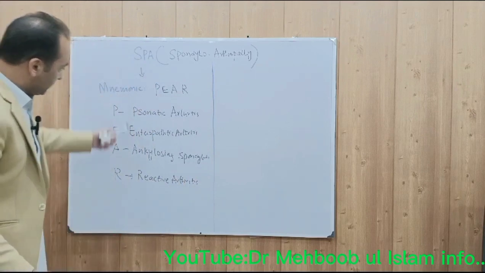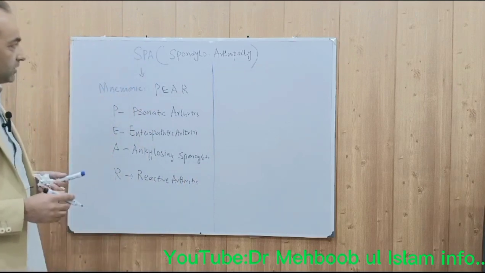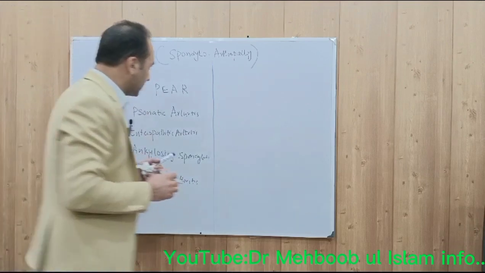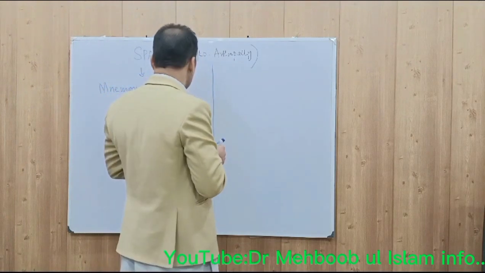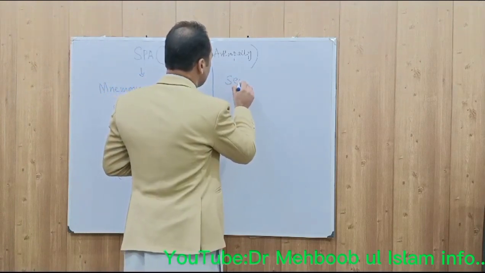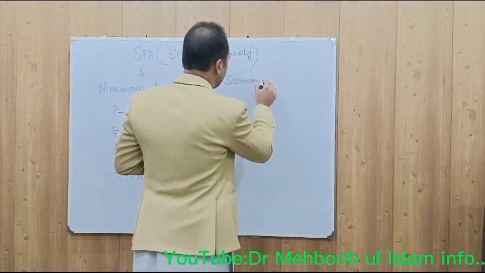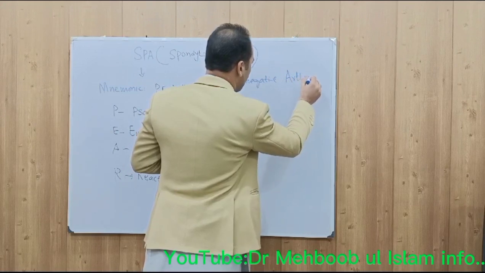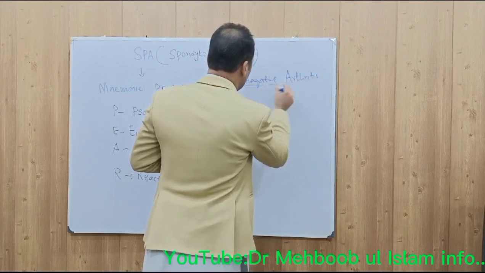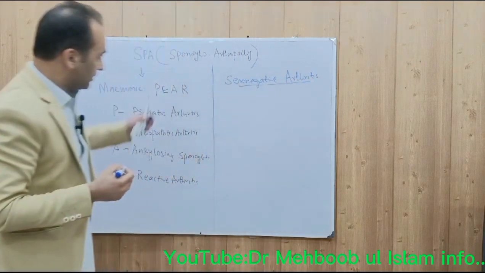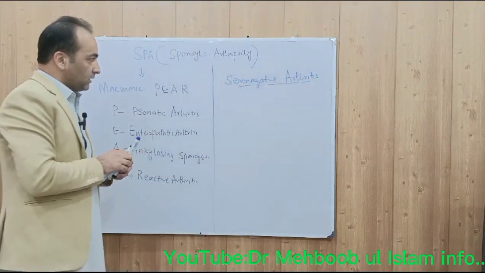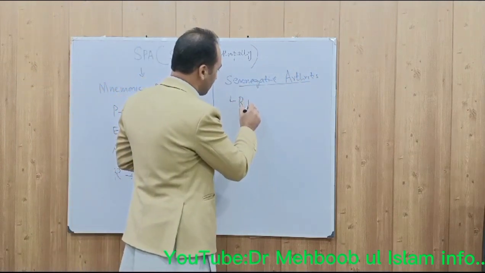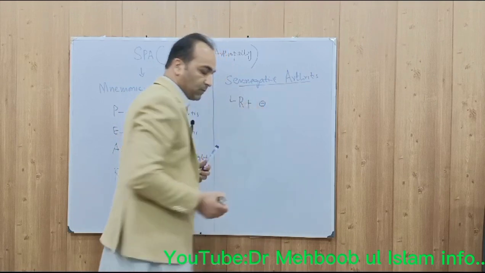Now, all these four conditions are also called the seronegative arthritis. Now we will see why. These conditions are called the seronegative arthritis because in these four conditions, if you do the rheumatoid factor, this will be negative.